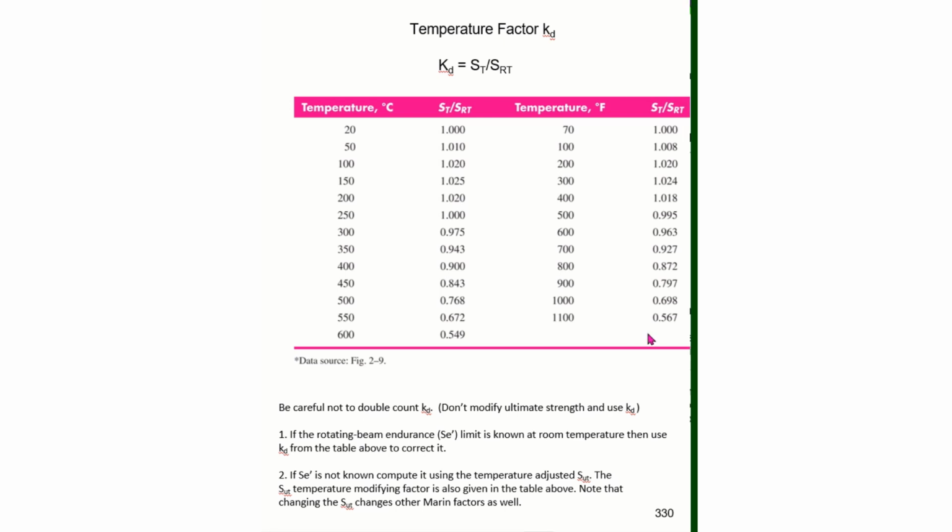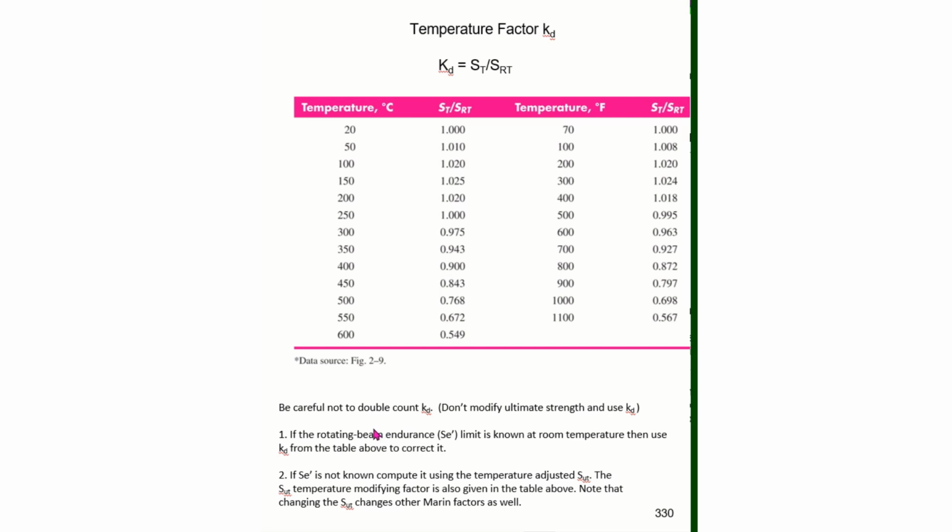So if temperature is the only Marin factor that you need to adjust, Ka, Kb, Kc, and all other Marin factors are 1s, then it is usually best to apply Kd to the uncorrected SUT.